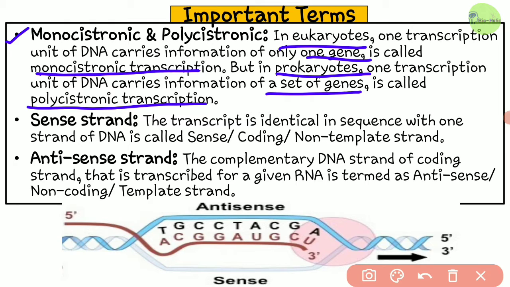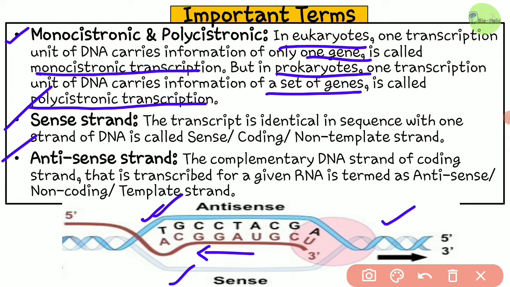Next terms are the sense and antisense strand. The transcript or RNA copy should be identical in sequence with one strand, which is called the sense or coding or non-template strand. So in this picture, if this is the coding or sense strand, then this will be the antisense or non-coding or template strand. Because by the unwinding of this DNA duplex, this strand plays the role of template for this newly synthesizing RNA, right?